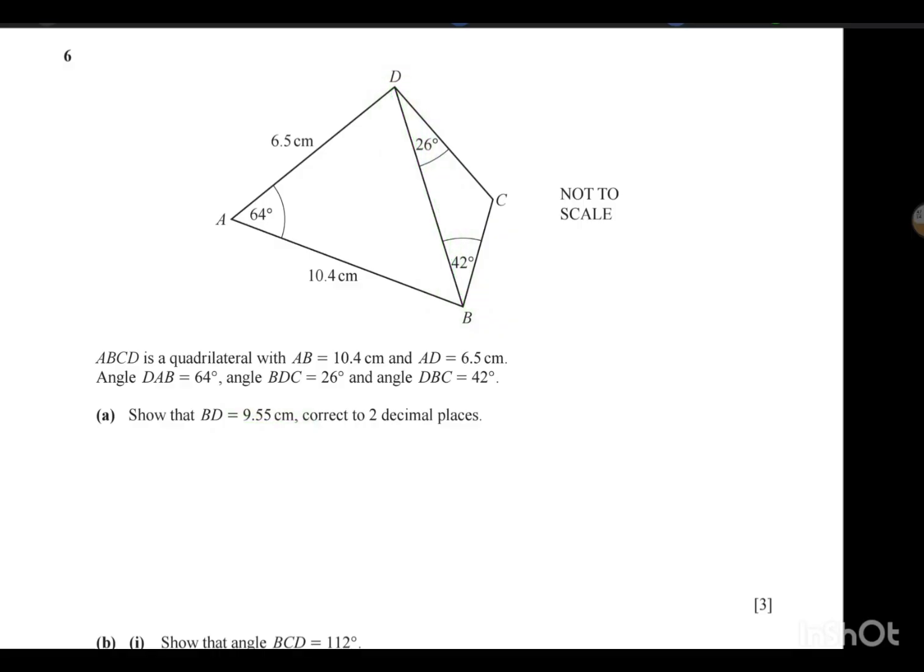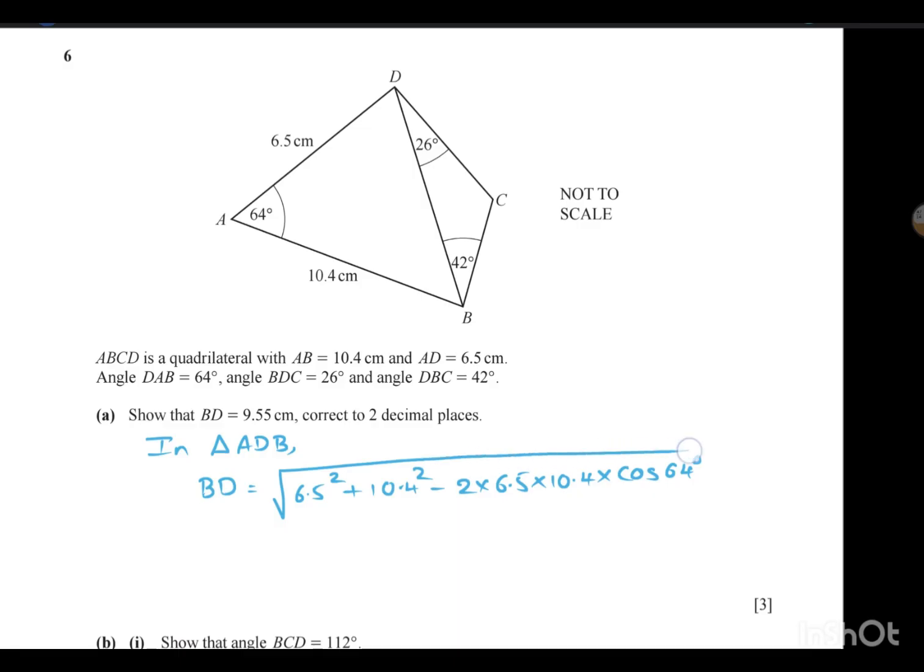So now when you see this triangle, in triangle ADB, using the cos rule, we can find out BD by doing square root of 6.5 square plus 10.4 square minus 2 into 6.5 into 10.4 into cos angle 64. Find out.